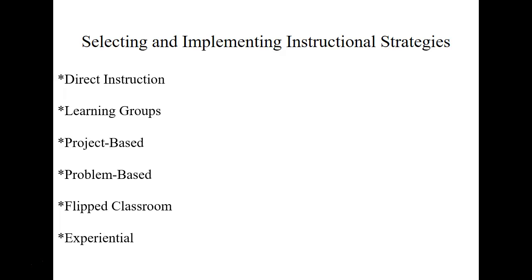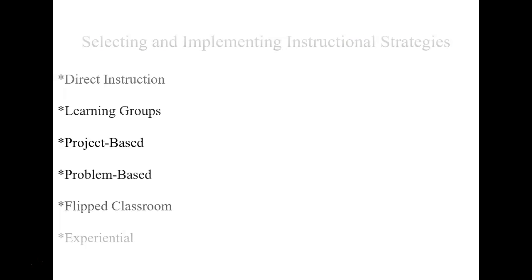So this is just a snapshot of some different potential strategies, right? And again, the key is to always be asking, which of these strategies is going to help me help my students acquire the intended learning targets, right? That's the ultimate goal.